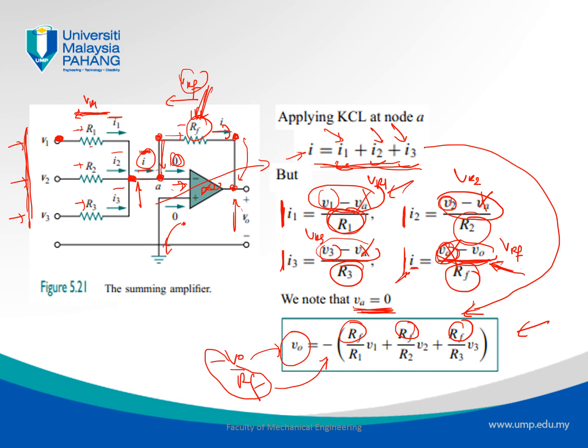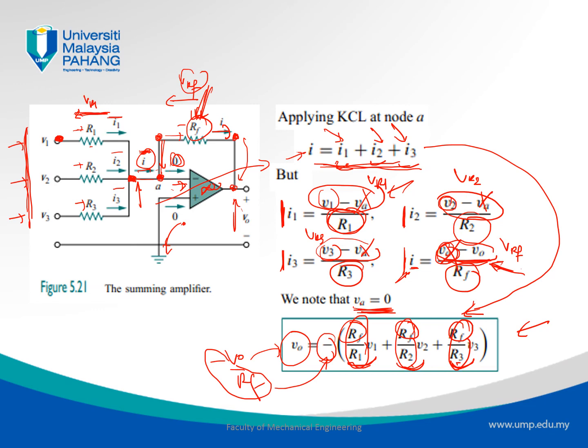If we look into this equation, what we can see is that it is inverting, we have a minus. And then we also have an addition of three terms, 1, 2, 3, and in each of those terms there is a ratio of RF over R1, R2, or R3.